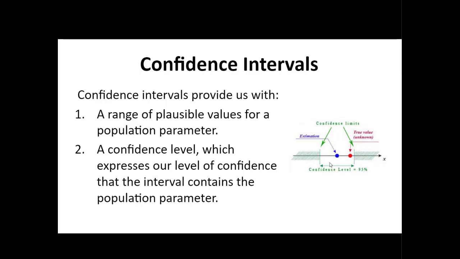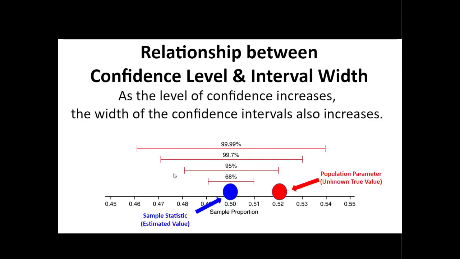Therefore, we can say with some degree of confidence that we expect the true population to exist within this lower bound and this upper bound. This is what we think it is. We know there's some level of error. So accounting for that error, we believe with some level of confidence it exists between this lower level and this upper level.